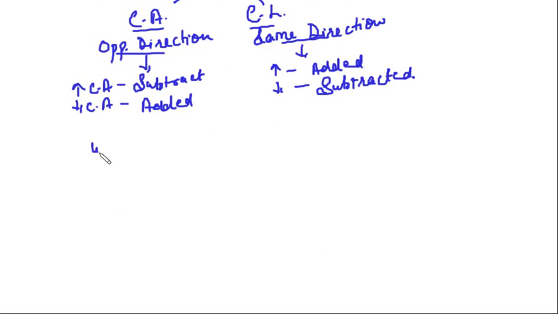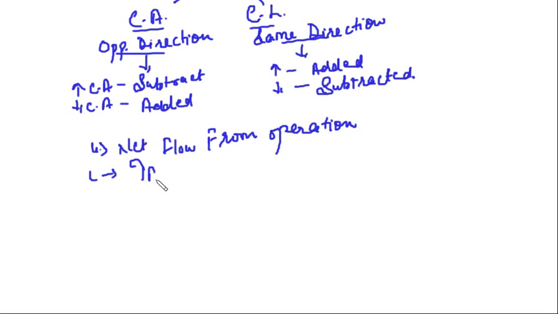After this, what we get is net flow from operations, and from this we will subtract taxes relating to operations.